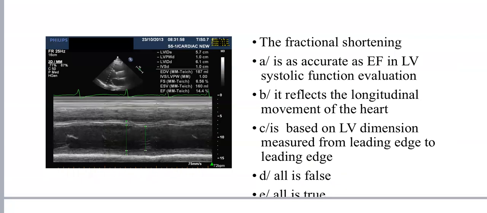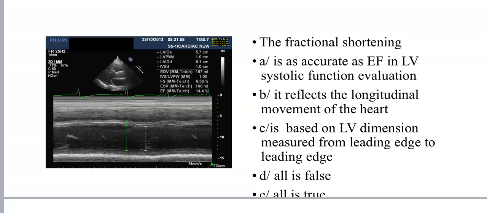Okay. I think C. It reflects longitudinal rather than a global movement of the heart. Okay. So you think, Abdullah, it's B? Yes. Mm-hmm.